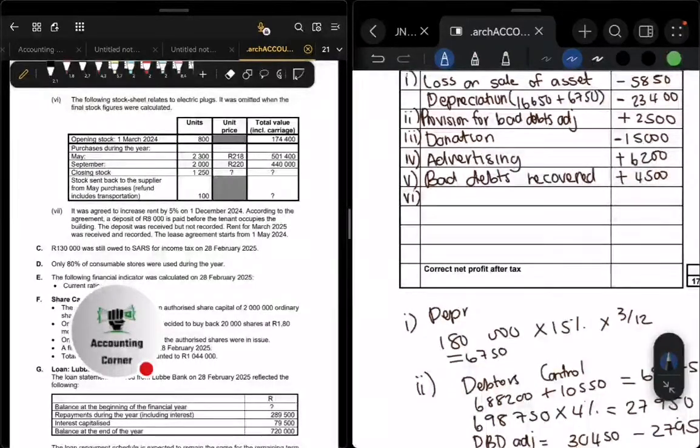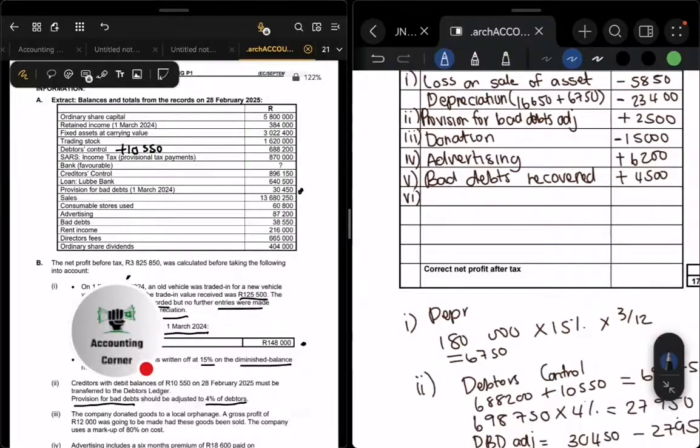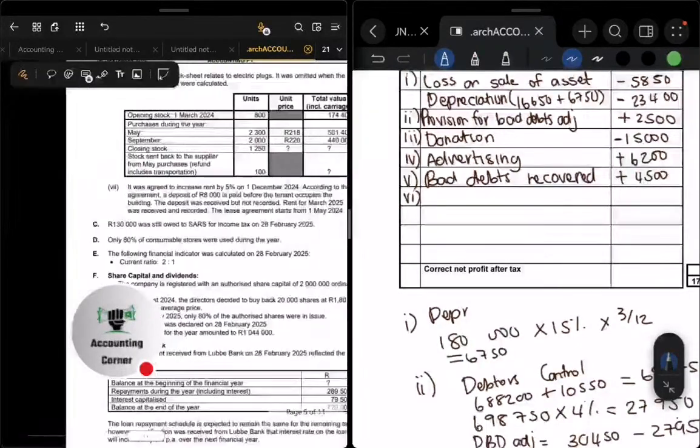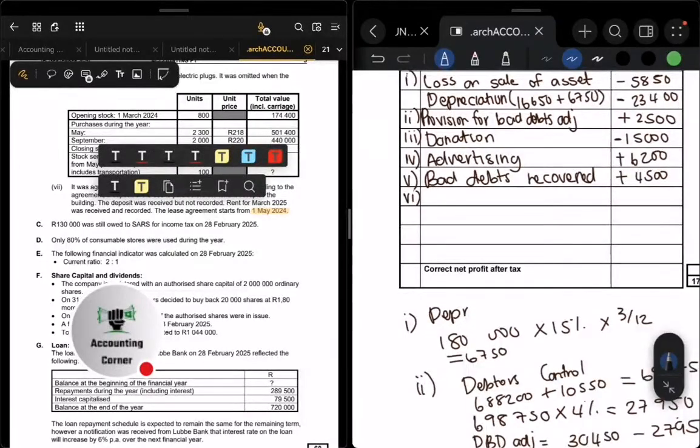So now we are trying to calculate what our rent income is. Deposit of 8,000. Then let's just see. Rent income was 216,000. Okay, so how many months do we receive rent from? The lease agreement starts from 1st May 2024.